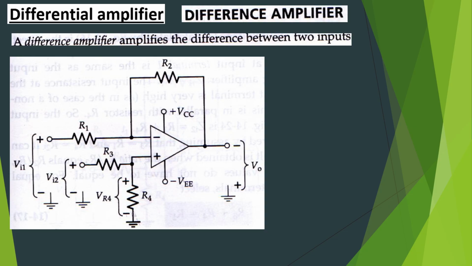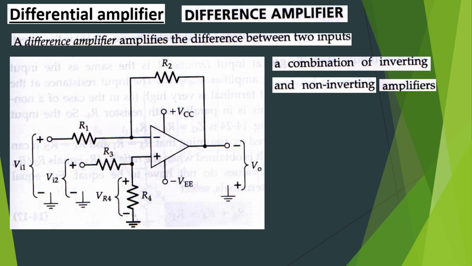We have two inputs, VI1 and VI2. VI1 is the first input, VI2 is the second input. It is nothing but a combination of inverting and non-inverting amplifiers.